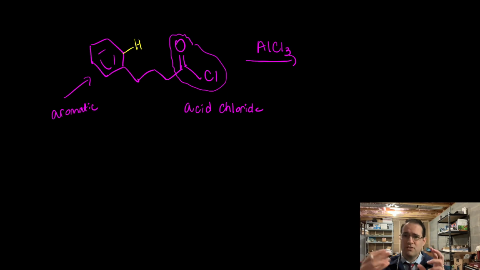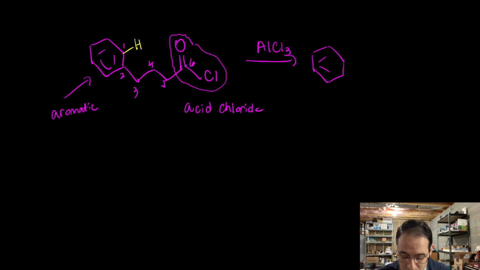Because of the ring strain and things like that, this nicely forms up to that second carbon that I've highlighted in yellow. So what you form is a 6-membered ring attached to your benzene ring, which also has 6 carbons. So here's carbon 1, 2, 3, 4, 5, 6. Carbon 6 has the carbon-oxygen pi bond, and carbon 1 and carbon 6 become connected.